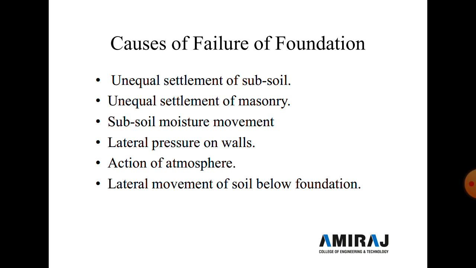This could be checked by using mortar of proper sand and using thin mortar joints. Third is to restrict the height of the masonry to 1 meter per day if lime mortar is used, and 1.5 meters per day if cement mortar is used. And the last one is proper watering. So the unequal settlement of the masonry is decreased.